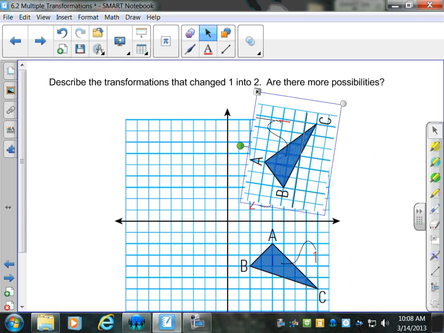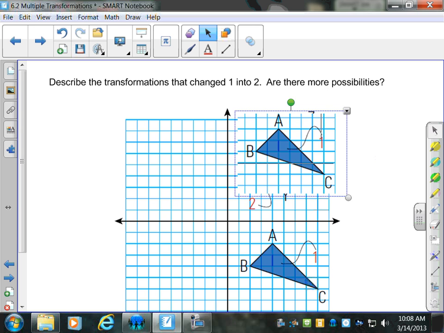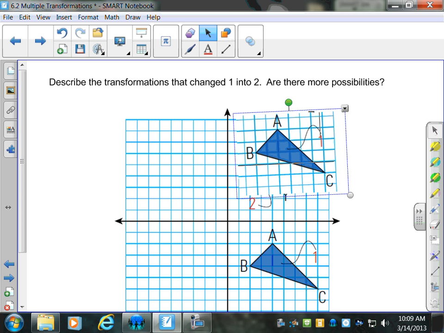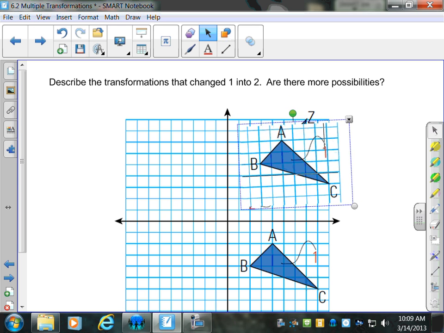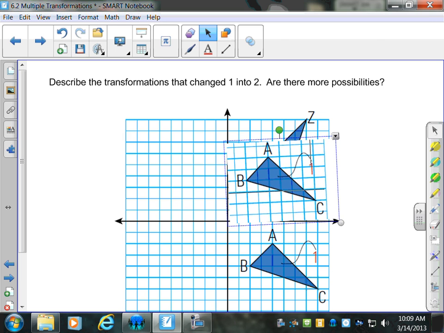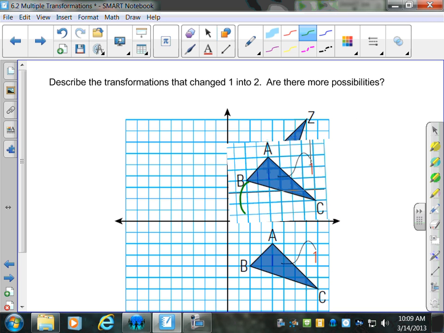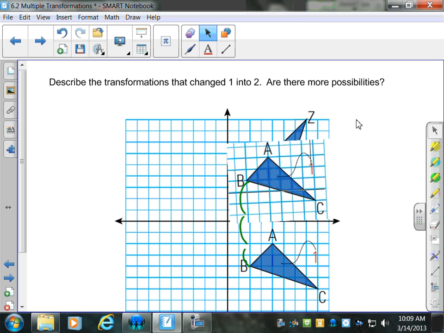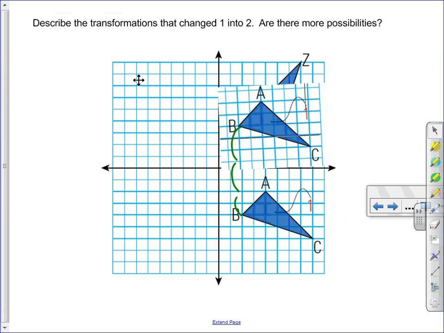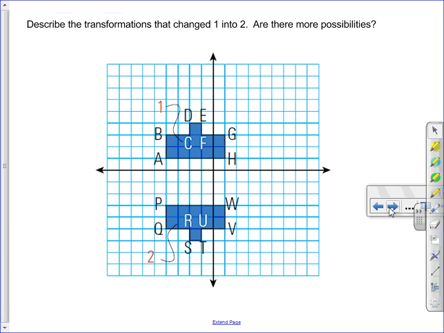To make it the same, maybe it's just a 90 degree turn. If I rotate it 90 degrees, then how many did I have to shift it to get down here? It looks like it shifted down 1, 2, 3, 4, 5, 6, 7. So it would be rotate 90 and then shift 7. Sometimes it'll take you turning your paper around and moving everything around so that you can picture what's going on.